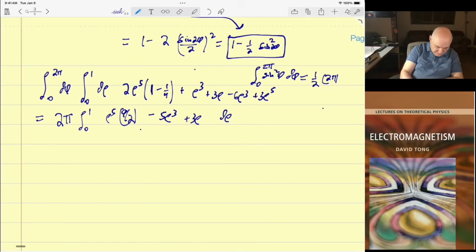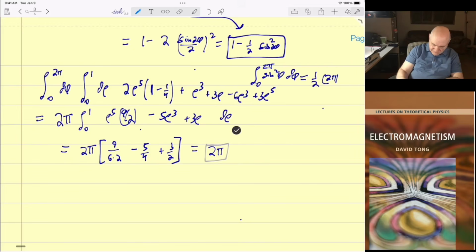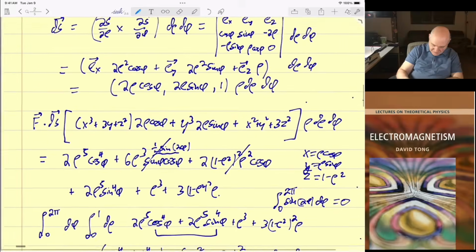And this is equal to 2 pi times 9 over 6 times 2, minus 5/4, plus 3/2. This is just 1, which is equal to 2 pi. So evaluating our integral directly gives us 2 pi.